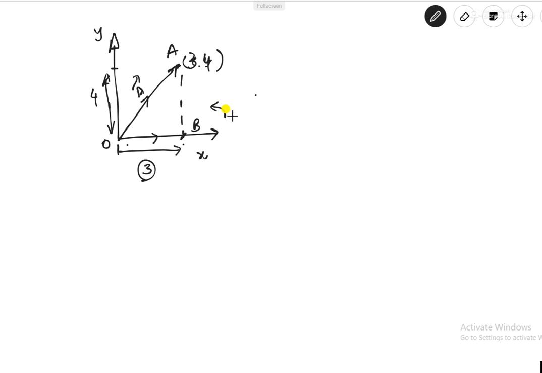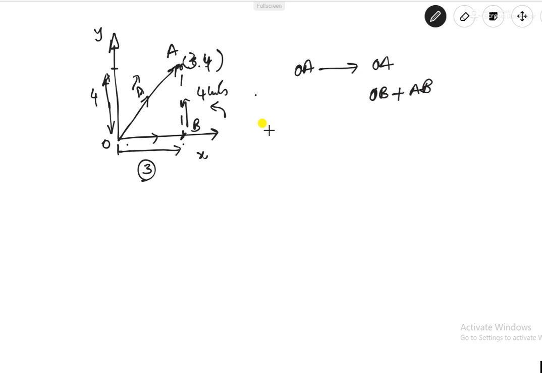Then you move along BA for 4 units. So finally you are reaching A. That means for reaching A, you can travel directly through OA, or through OB plus BA.